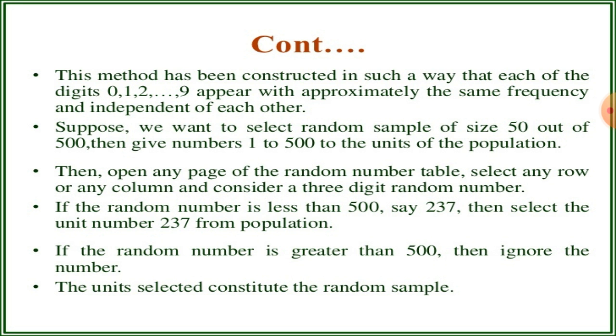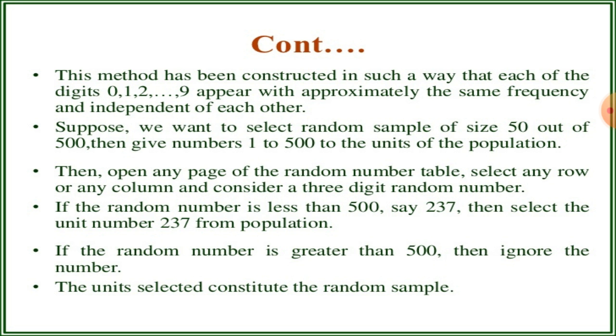Suppose we want to select a random sample of size 50 out of 500. Then give the numbers from 1 to 500 to the units of the population. Then open any page of the random number table, select any row or any column and consider a 3-digit random number.